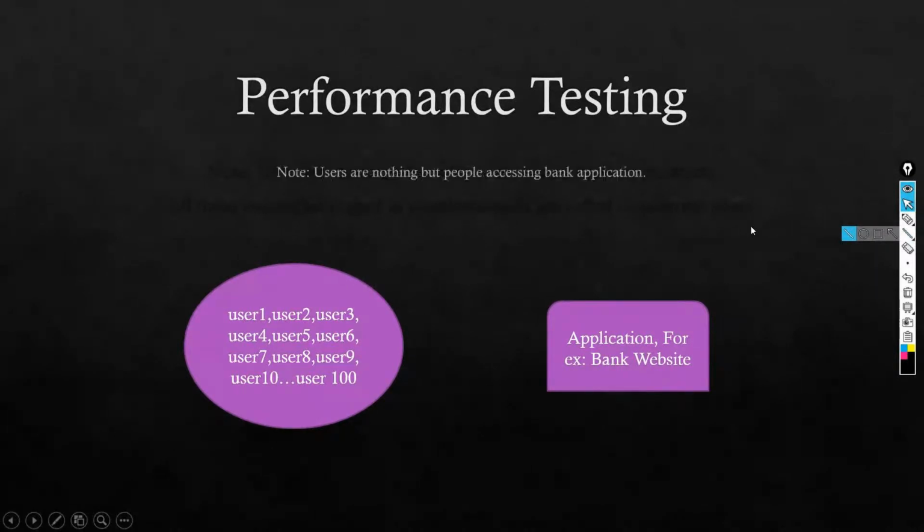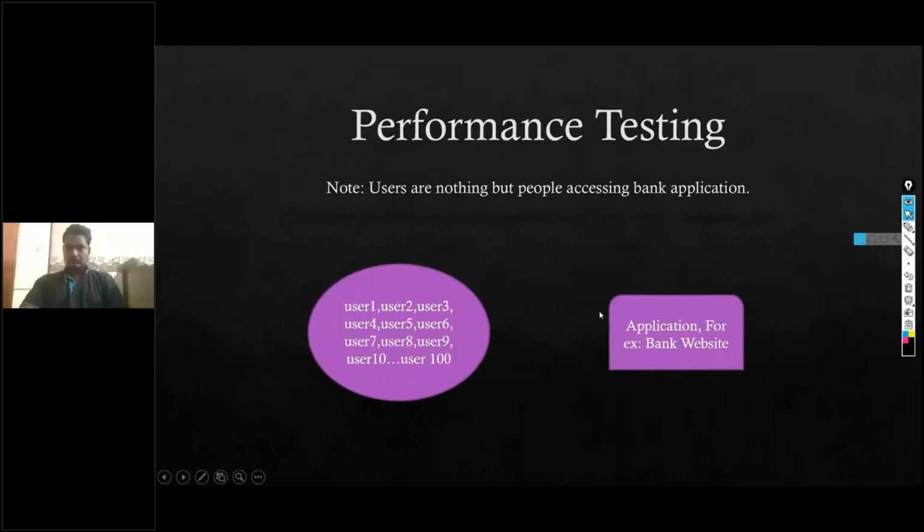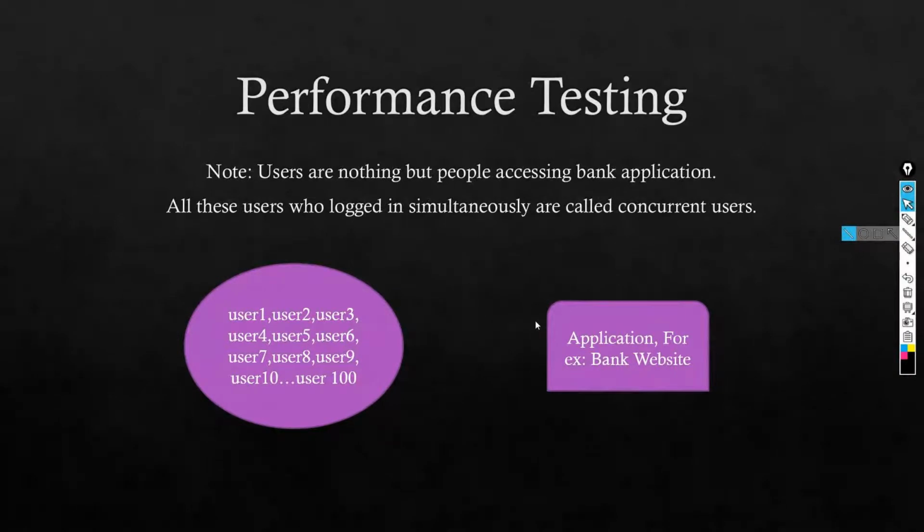These users who are accessing the bank application at the peak time, and all of whom are logged in simultaneously, are called concurrent users in performance testing terminology.